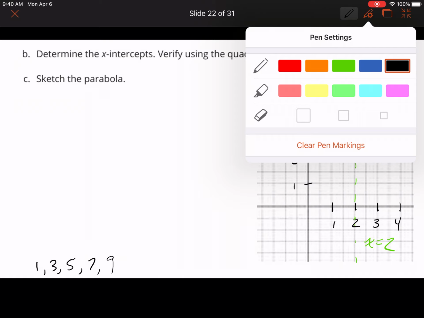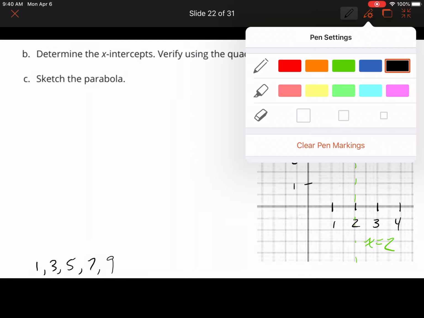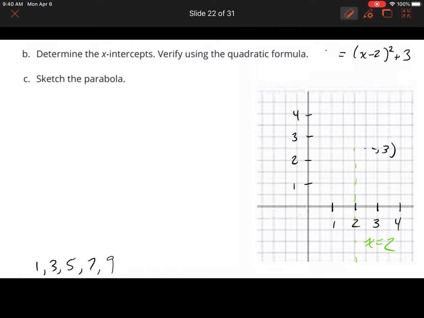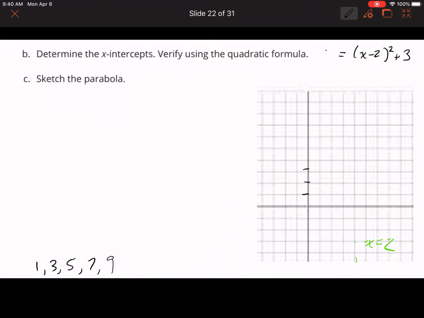And if I want to show you another way, so look at that, and then I want to show another way. Let's graph this a little bit differently. So it's smaller. And we'll go so our vertex at 2, 3.